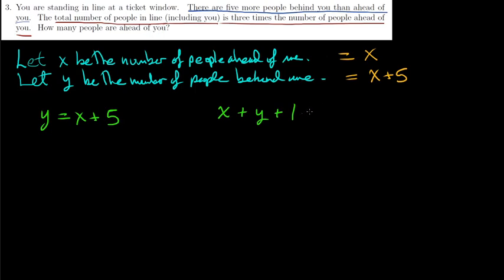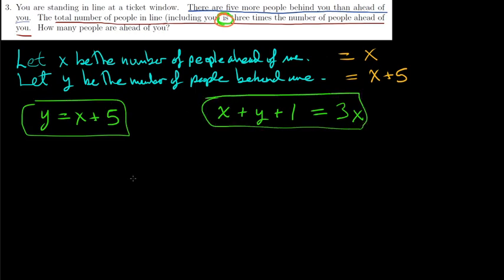Okay, so that's the total number of people. So this is equal to, because the word is means equals in math, 3 times the number of people ahead of me. So 3 times x, x being the number of people ahead. So we have our 2 equations, right?